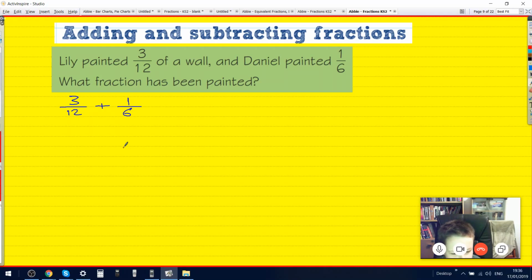36. Yeah, there's a smaller one. The 2 times table.